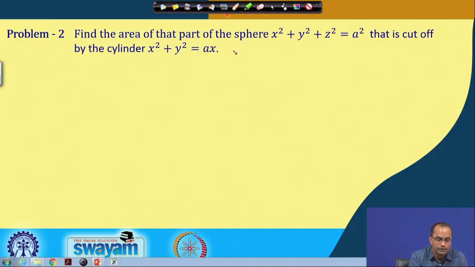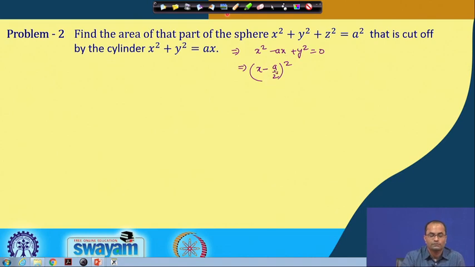So, here x square plus y square is equal to a x, that is x square minus a x plus y square is equal to 0. So, this we can make a whole square. So, x minus a by 2 whole square, you will get x square there, and there will be a term minus a x, which is already there.